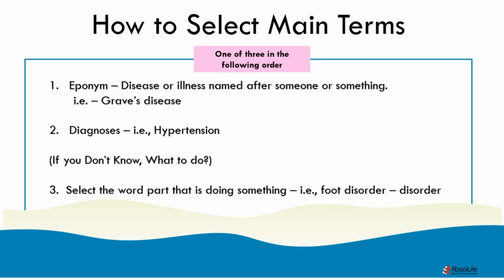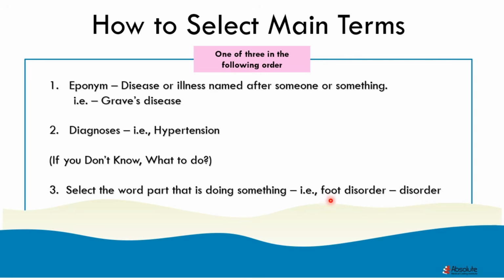For instance, you have foot disorder. So you got foot and disorder. Of the two, coders, which term is doing something? Well, if you said disorder, outstanding, that's correct.